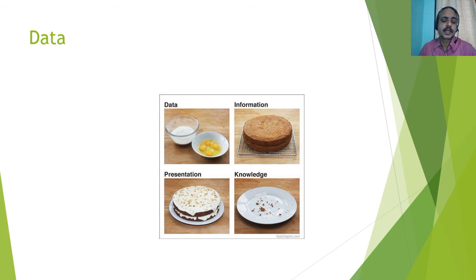The knowledge phase is more like a product which they can sell, like a pizza shop can sell it to the customer. The end customer doesn't know how the preparation is done. He only wants to know whether it is tasty or not.